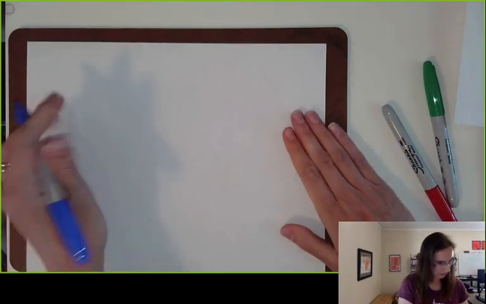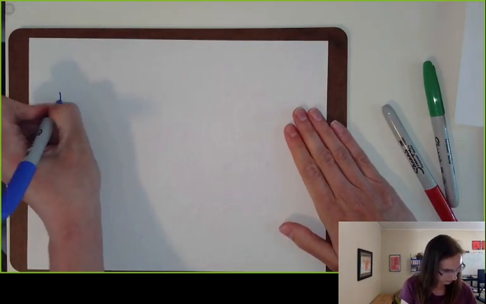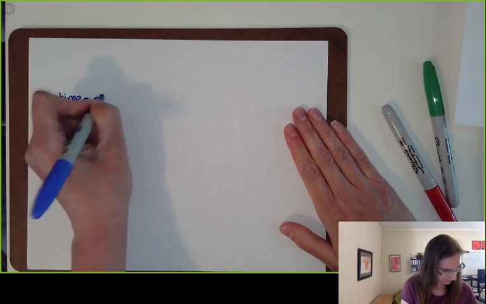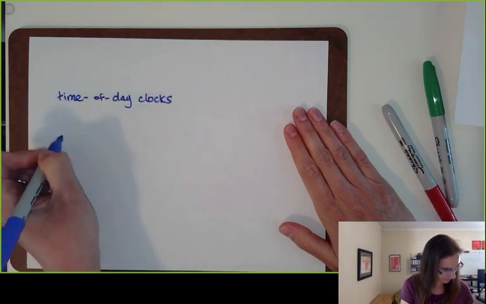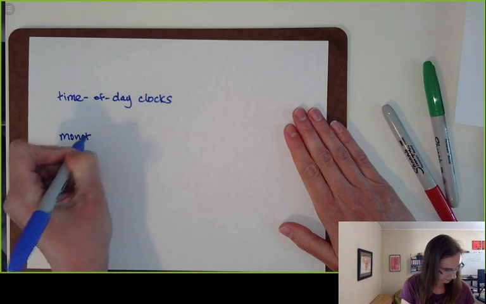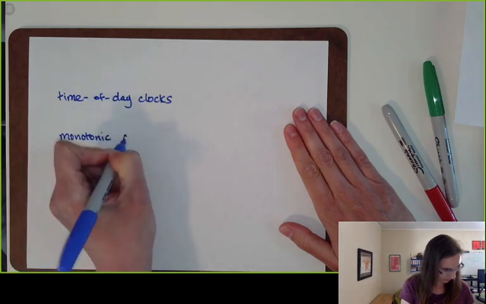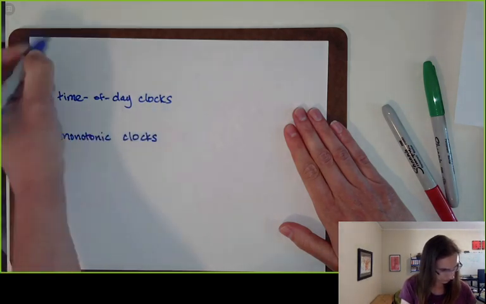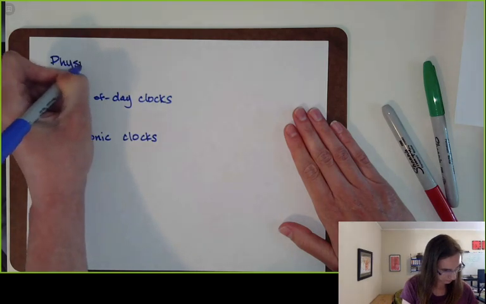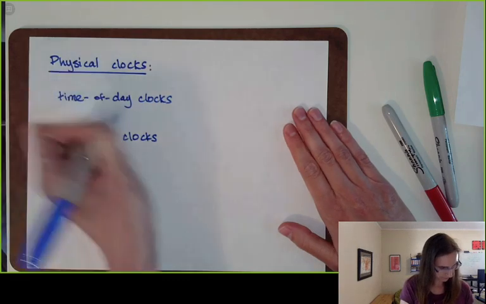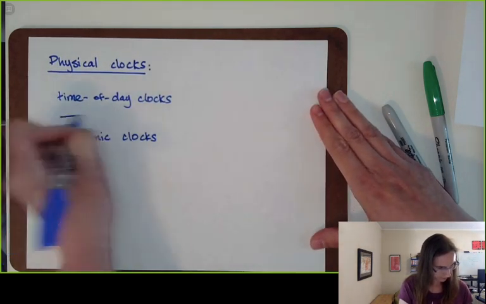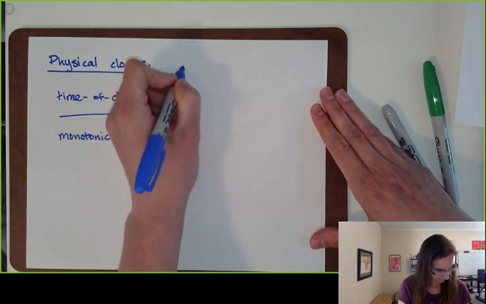Time of day clocks and monotonic clocks are the two kinds of physical clocks that we have. So we can make this little 2x2 grid here.